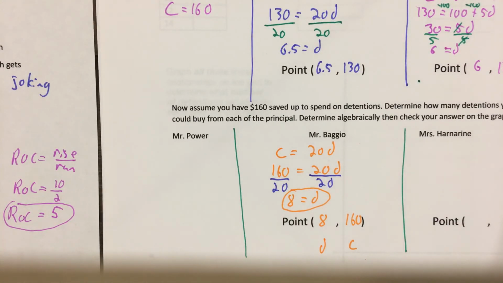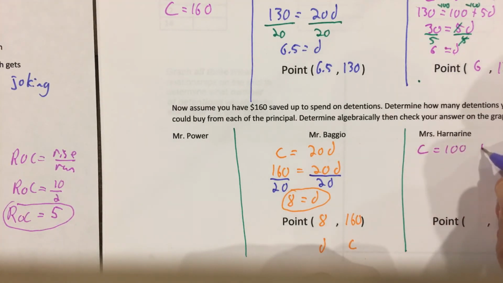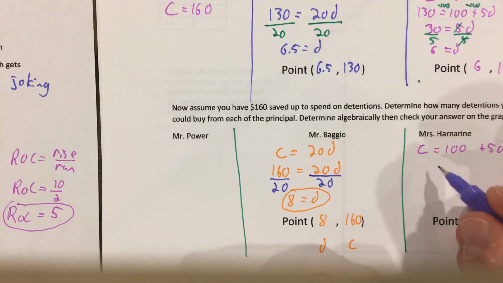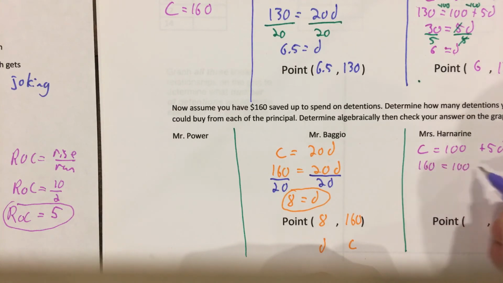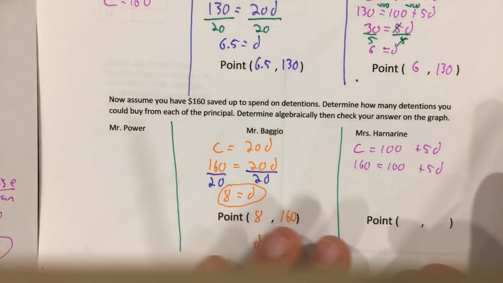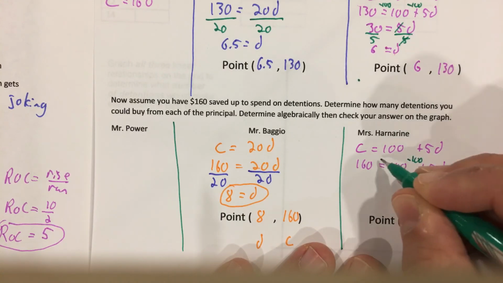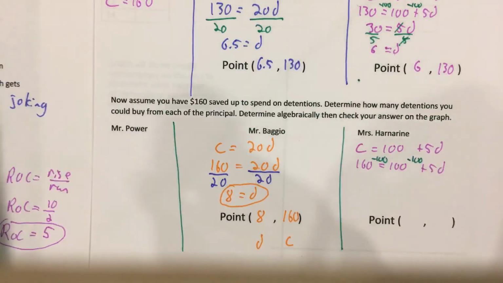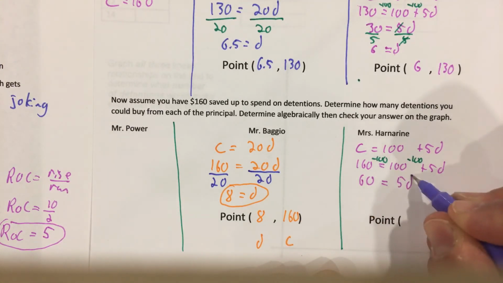Ms. Harnrein. Her cost was 100 plus 5D. So I have a cost of $160 is equal to 100 plus 5D. Again, I'm going to subtract $100 from each side, and I'm going to get 60 equals 5D.